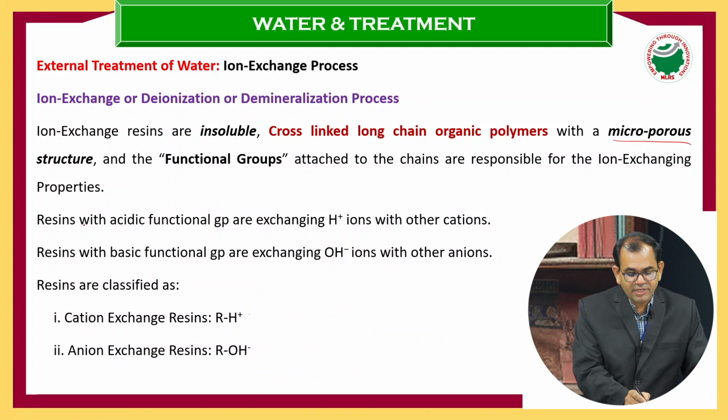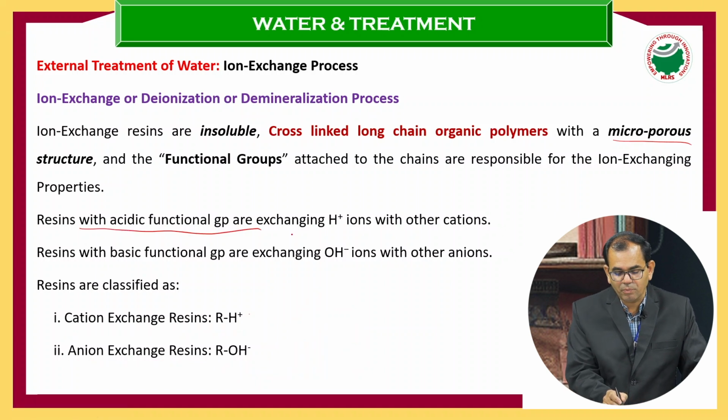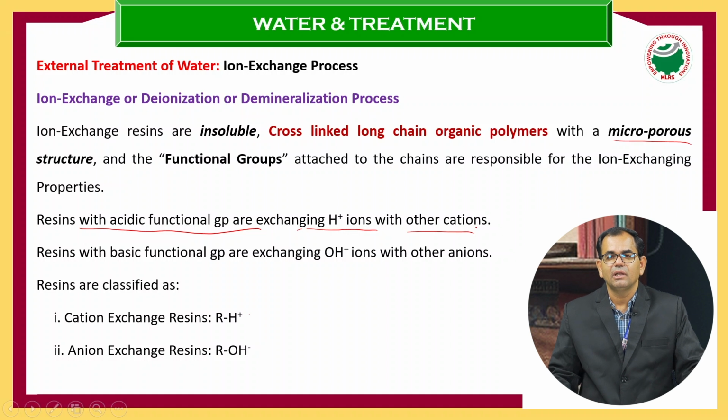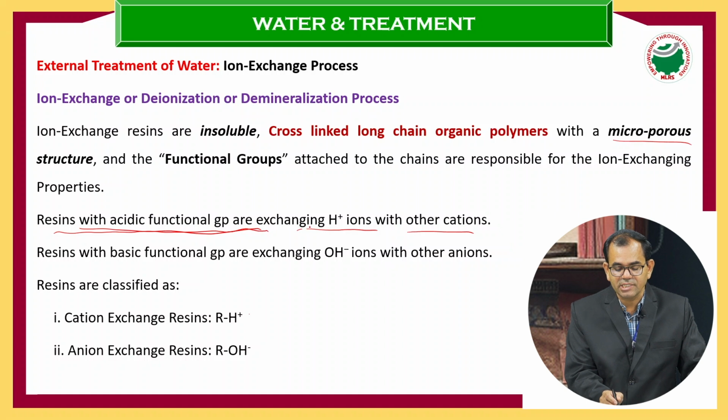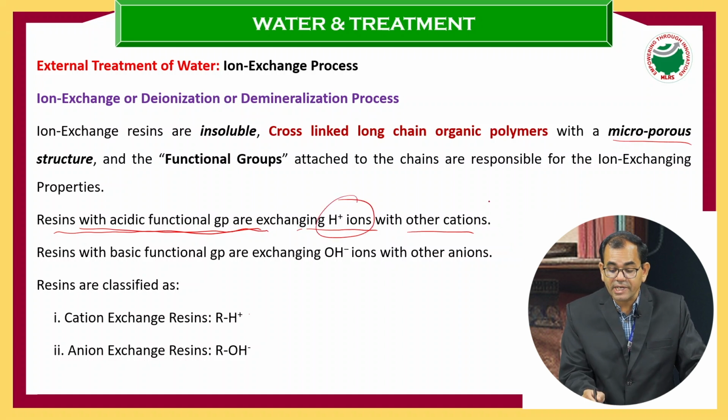Now, a resin with acidic functional group exchanges H plus ions with other cations. That means cation to cation, positive charge ion to positive charge ion only. The statement is very clear: resins with acidic functional group exchange H plus ions, cations, with other cations.